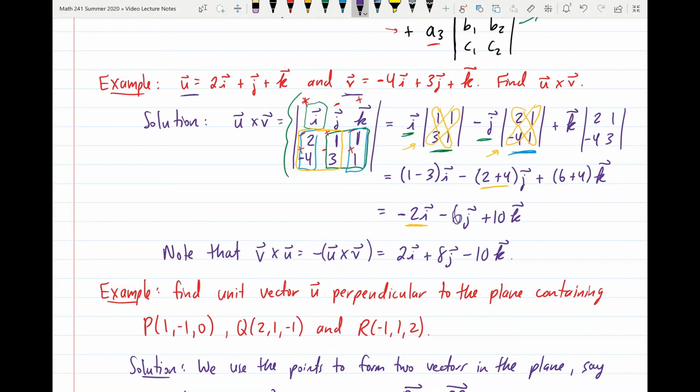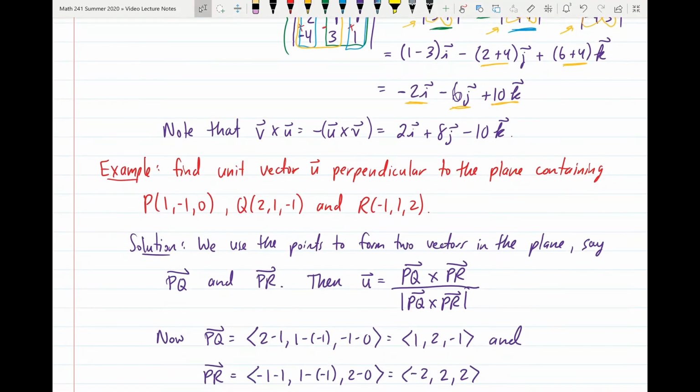And then lastly, let's find the determinant of the last matrix that shows up here. So we have 2 times 3 minus 4 times 1. That'll give us 6 plus 4, and that'll make our k component equal to 10.